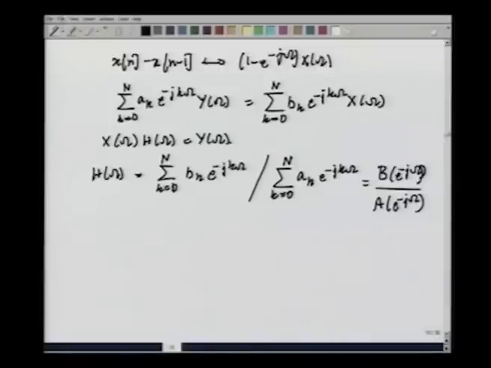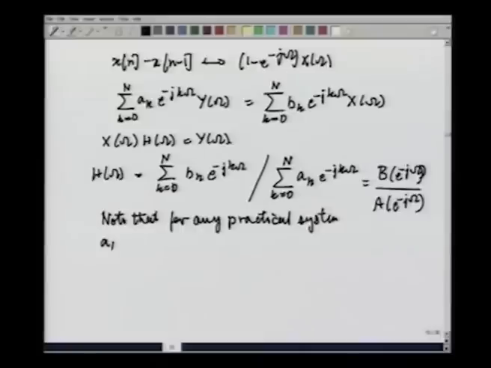Now, note that for any practical system, a_k and b_k for k equals 0 to n are all real.